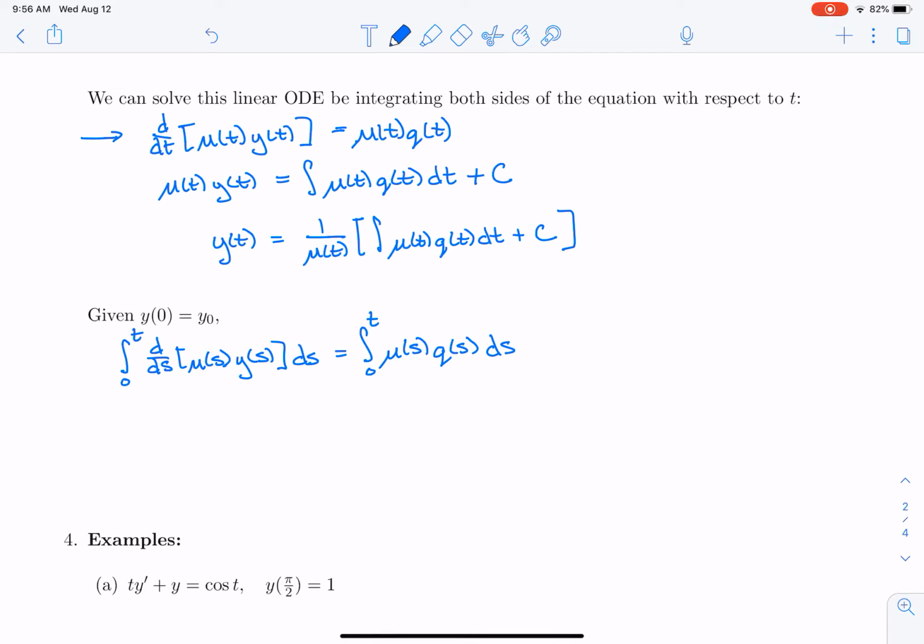Well, if I integrate the derivative of mu(s) y(s), then I'm just going to get mu(t) y(t). That's evaluating the antiderivative at t, but now I'm going to subtract mu(0) y(0), and that's going to equal, again, the integral from 0 to t of mu(s) q(s) ds. Now, y(0) has a name. We're going to call it y sub 0.